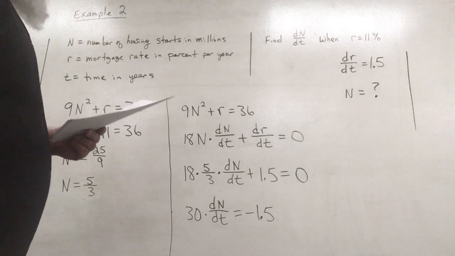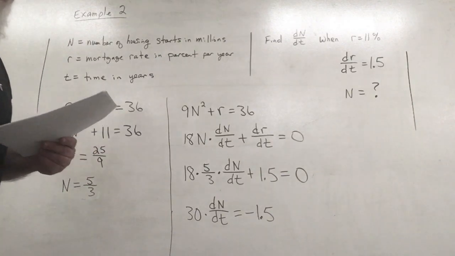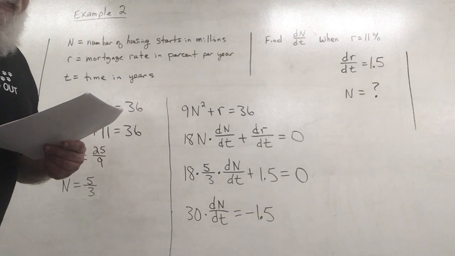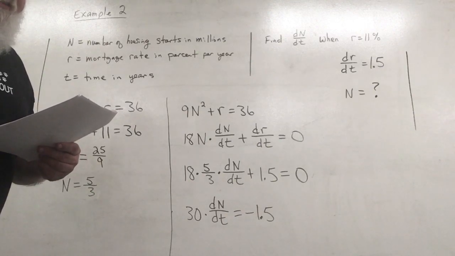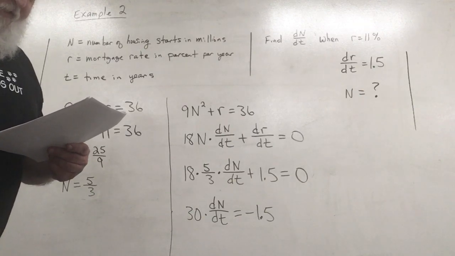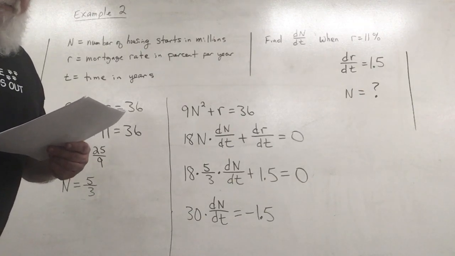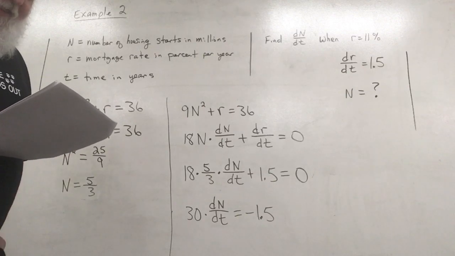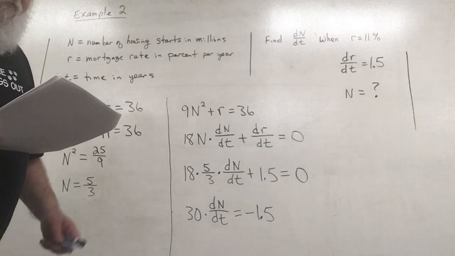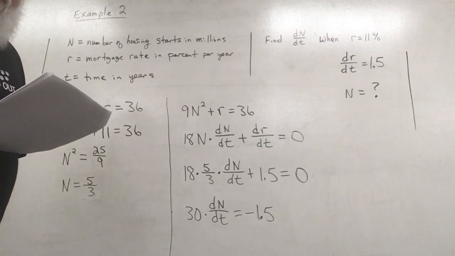A study prepared for the National Association of Realtors estimates that the number of housing starts in the Southwest, N(t), in millions of units over the next 5 years is related to the mortgage rate R(t), percent per year, by the demand equation 9n² + R = 36, where t is measured in years.